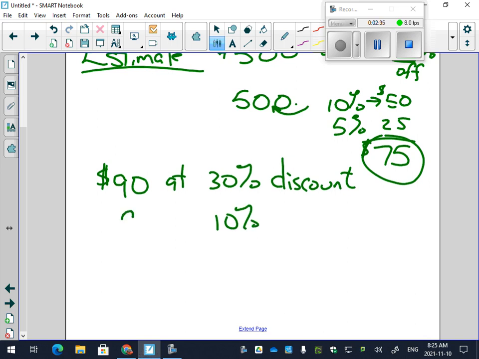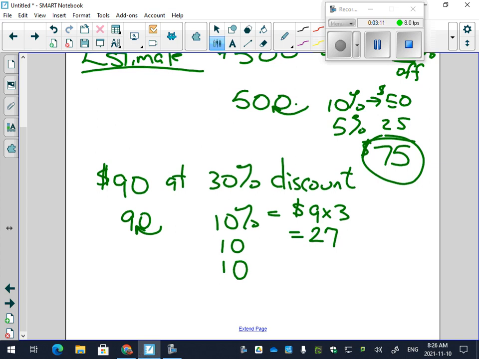So 10% of 90, remember we just move the decimal over, so 10% of 90 equals $9. And we want 30%, which is 3 of those. In our head, we're hoping that you can say, okay, if 10% is $9, 30% is around $27. And it's not even around, it's right dead on. So that's how you would do it in your head. That's the mental math, that's your estimating.